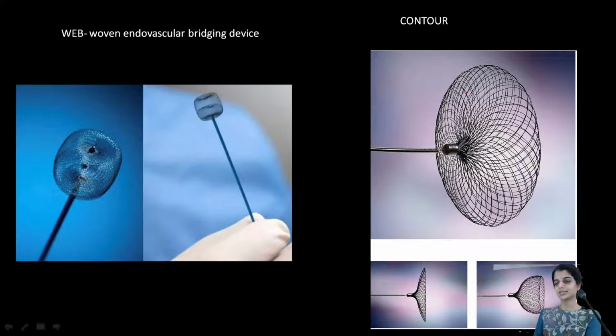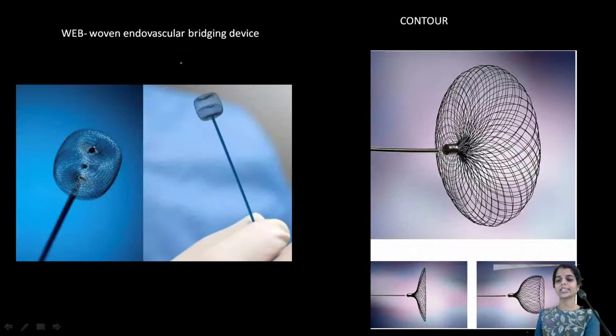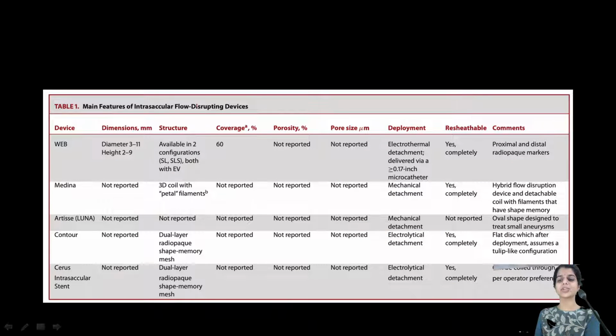And these are the latest intrasaccular devices that are available. WEB is the Woven EndoBridge device, and this is the Contour that we have used in our patient. The main advantage with the intrasaccular bridging flow-disrupting devices is that we don't require dual antiplatelets. There are other intrasaccular devices also.